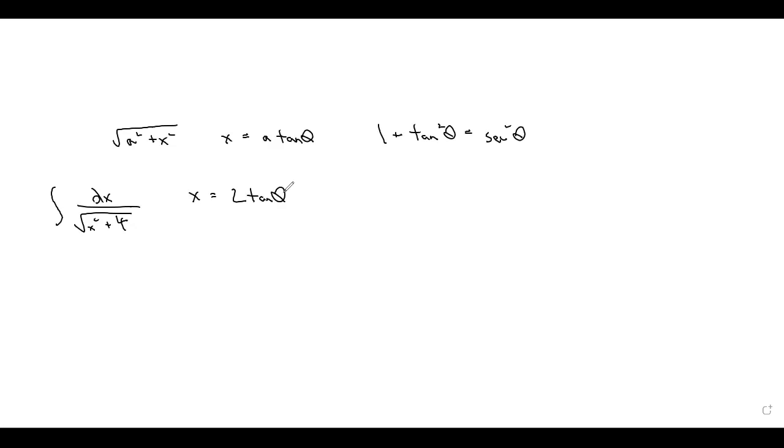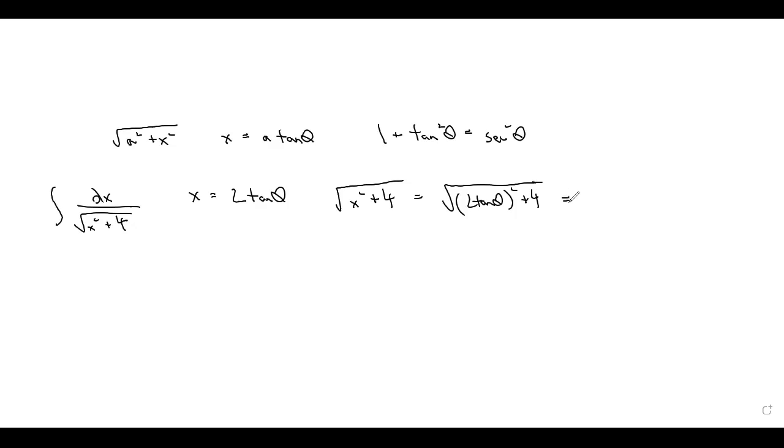So let's just do the square root part first. Square root of x squared plus 4. So that will equal the square root of, x is 2 tan theta, so it'll be 2 tan theta squared plus 4. Good. So far, so good.